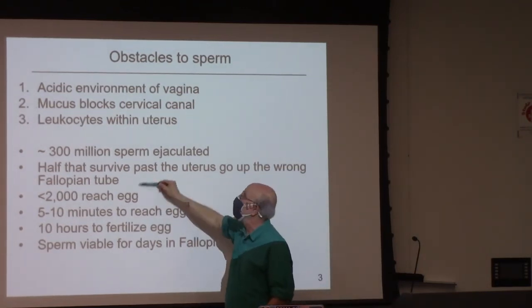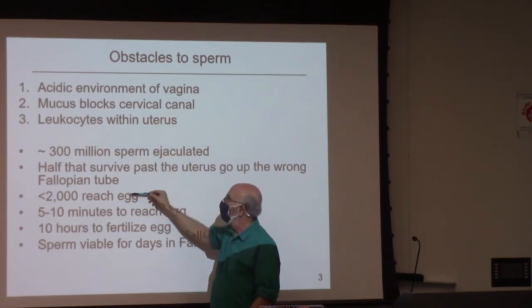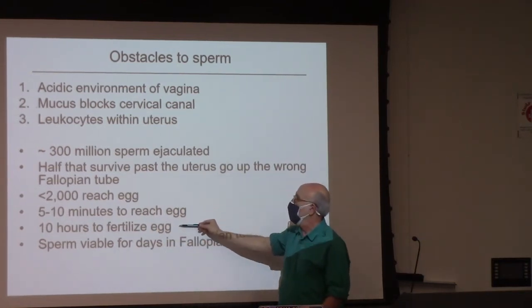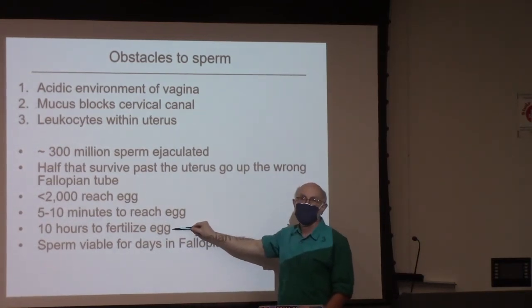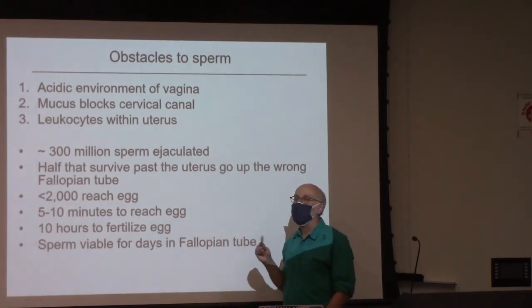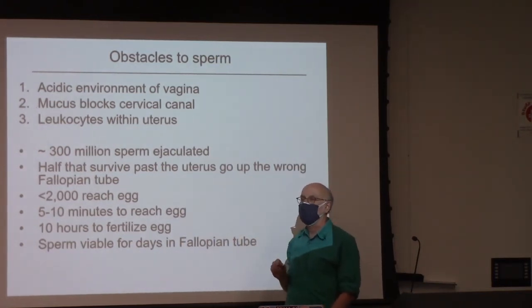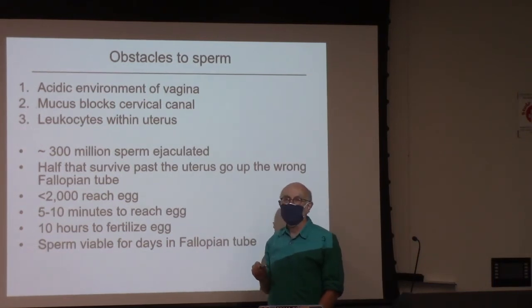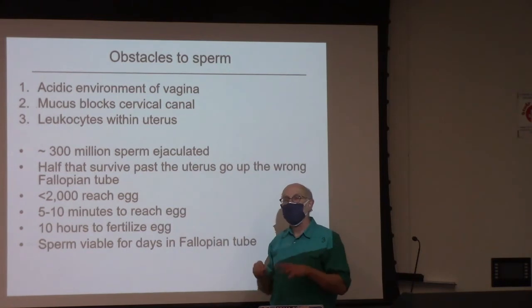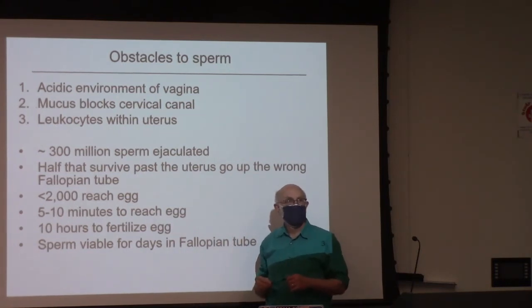Approximately 2,000 out of this 300 million reach the oocyte, typically in the fallopian tube, and it can take hours to fertilize. You may have heard that it only takes one sperm for fertilization. That's not right. It takes thousands of sperm, but only one happy, successful sperm gets to do its job.